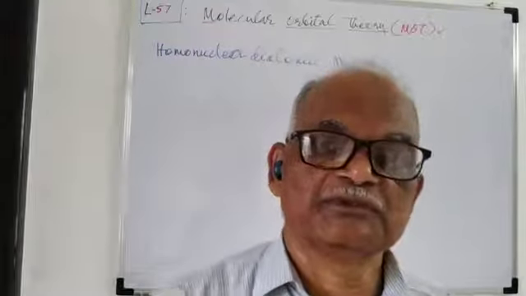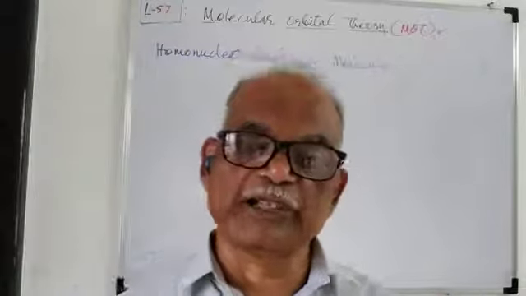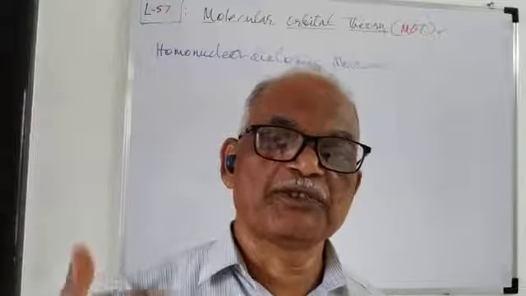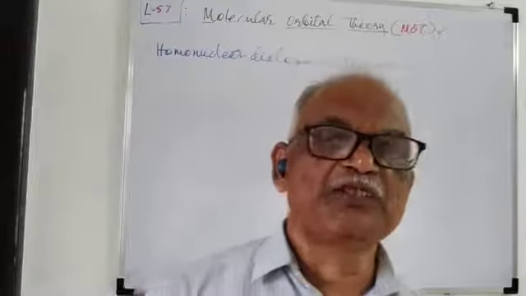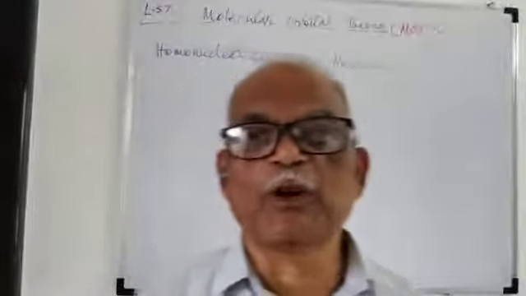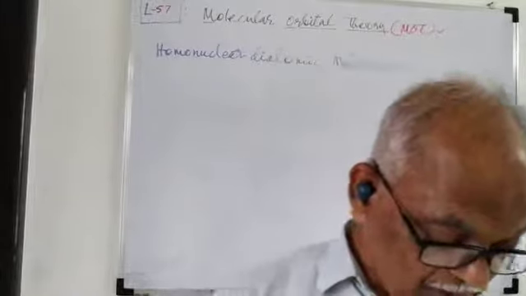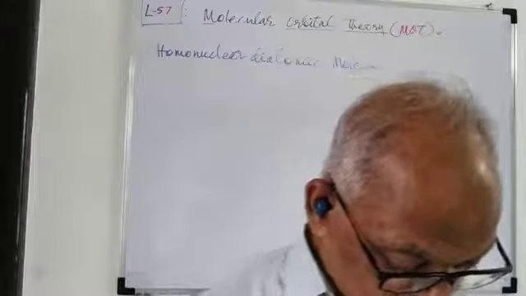Similar to what we have used for atomic orbitals, we are going to fill the lowest energy molecular orbital first, and each orbital may contain a maximum of 2 electrons. So we have to follow all these rules here.